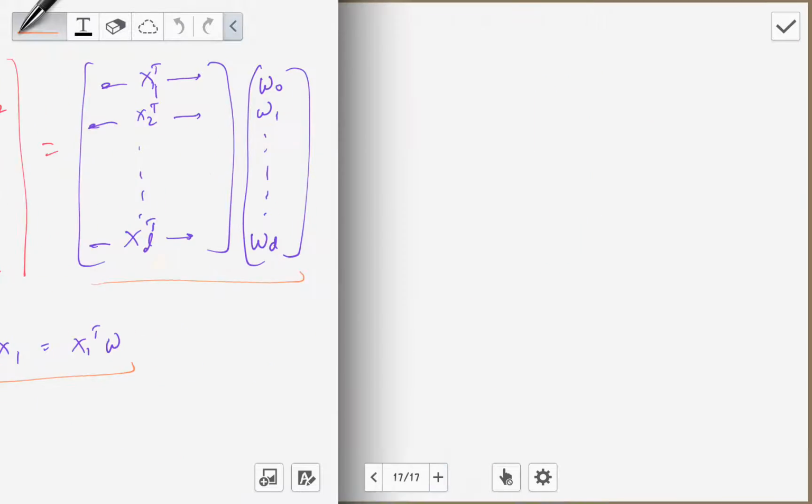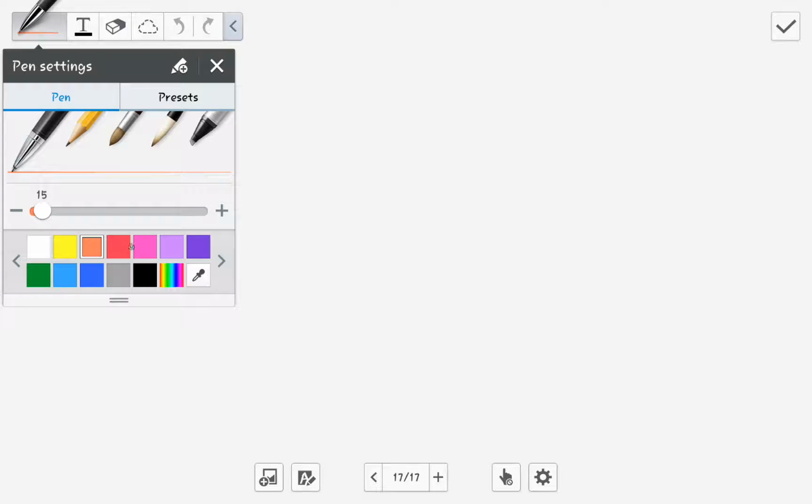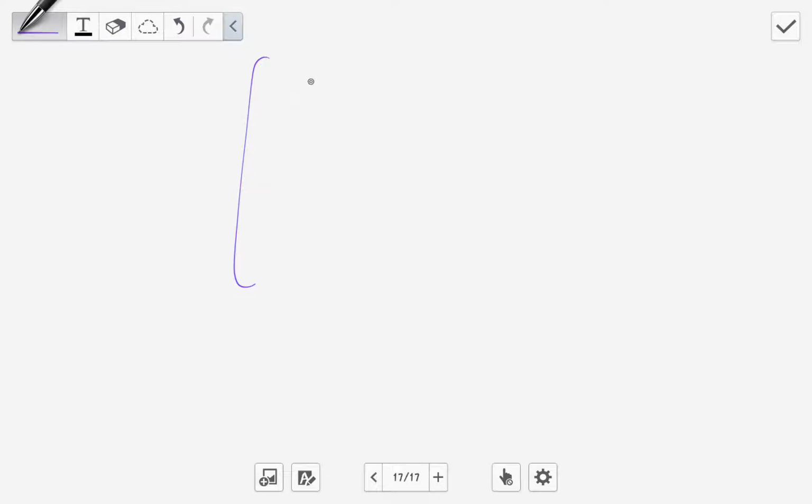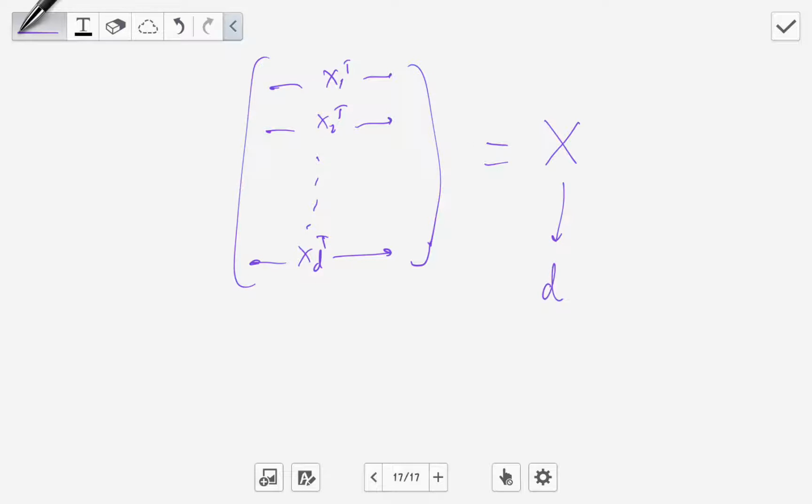Now let me say this matrix, x1 transpose, x2 transpose, so on up to xd transpose, is the matrix capital X, which is the data matrix.